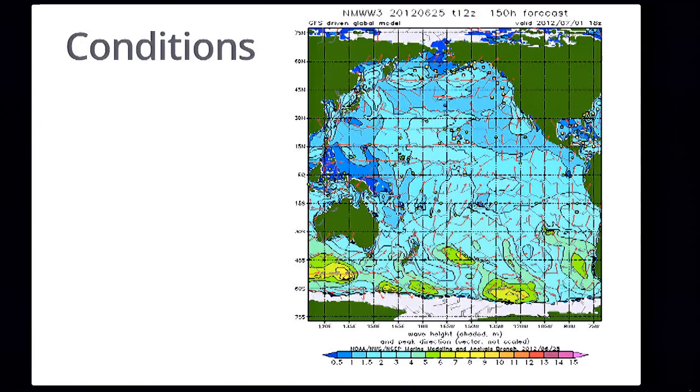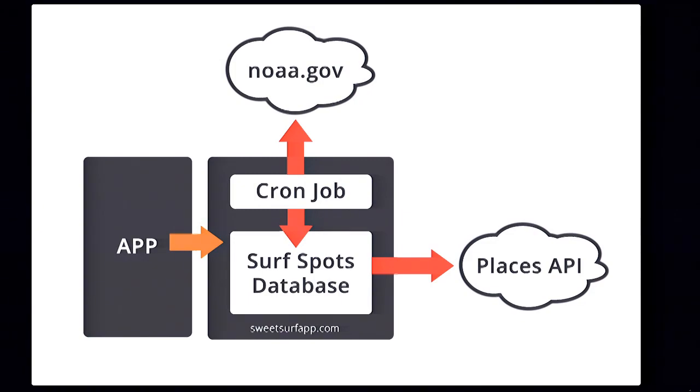All right, what next? OK, so now we listed the surf spots. What we want to do is also provide the surfing conditions. So I'm going to use a US government website that provides current and forecast data about weather and ocean conditions.